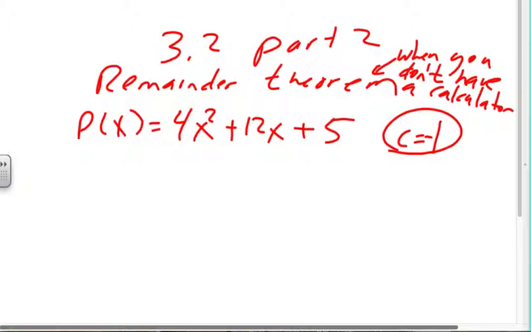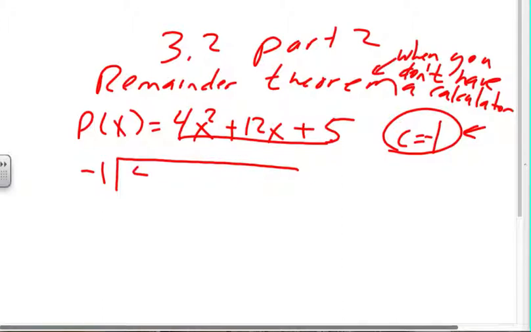And what you do is you put this number right here into synthetic division. So I'm going to have a -1. And you put it in directly, because that's the number you're trying to find. And then we put my coefficients in here. I've already got everything from x squared to x to 5. So I write my coefficients down: 4, 12, and 5.